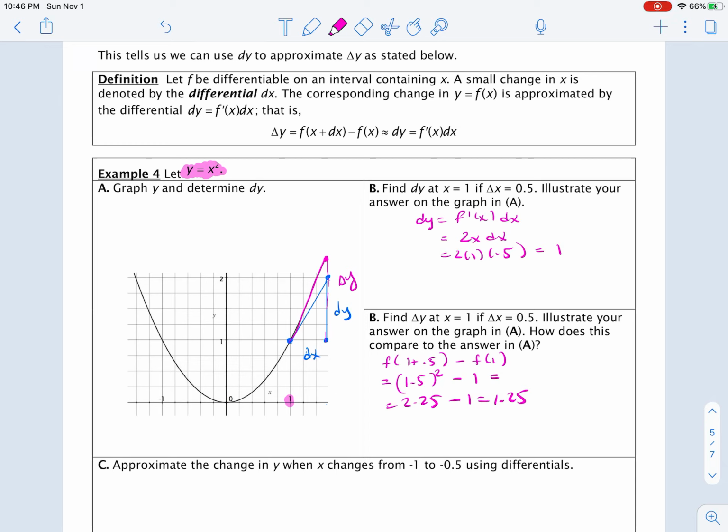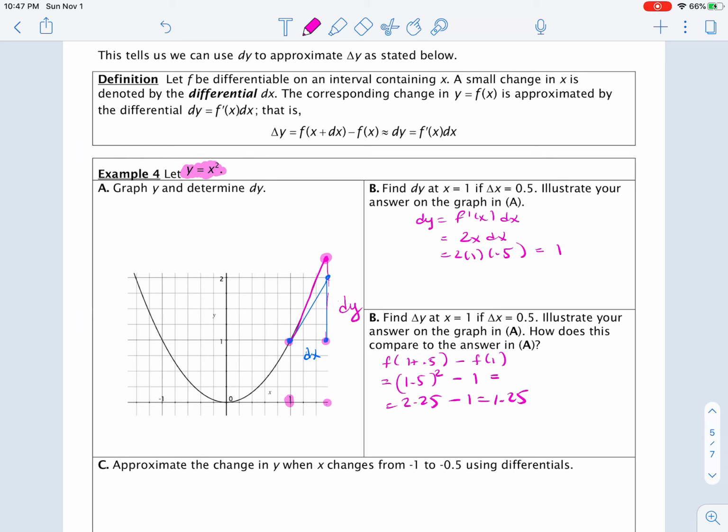So what is my dy? If I go over in pink here at 1, and if I go up at x equal to 1, and go over by 0.5, I get to here. Then if I go up 1 from that value at x equal to 1, my function value is here. If I go over 0.5 and then up dy, a value of 1, I'm going to get this point here. Good? And that would be my dy. Sorry, my dy would actually be in pink.